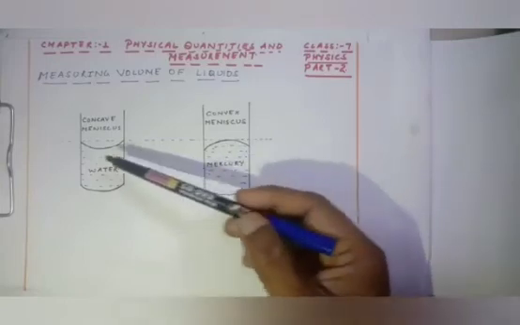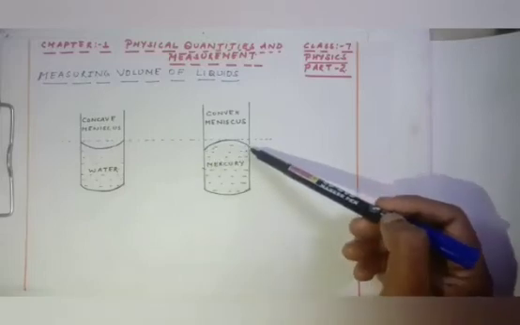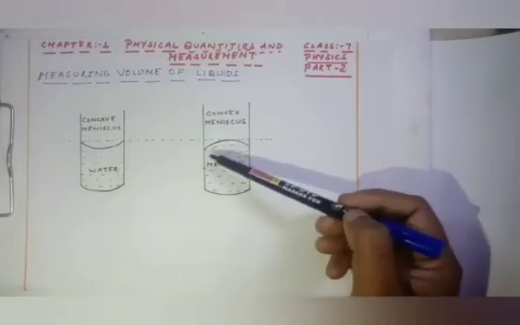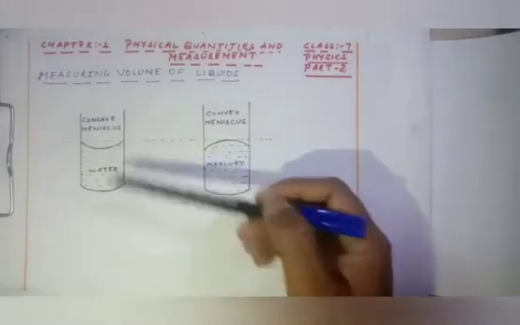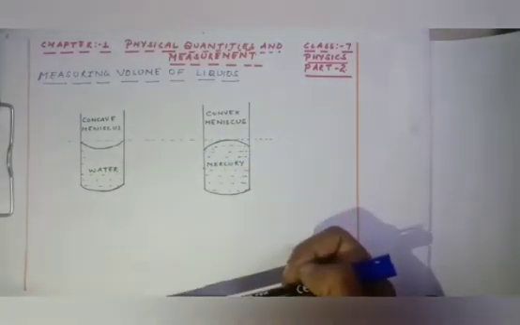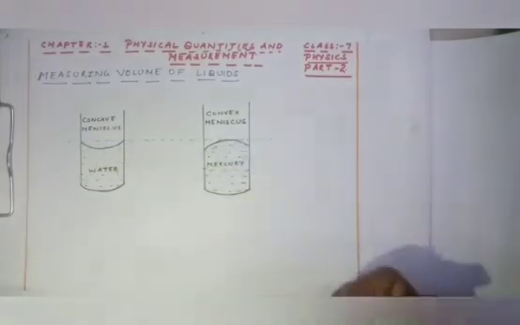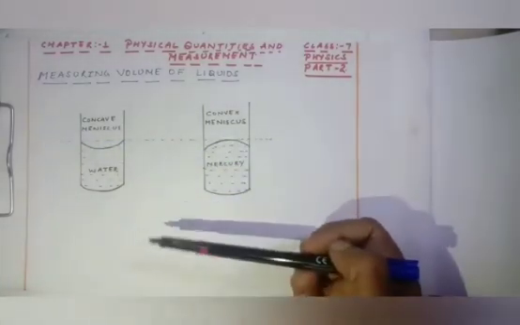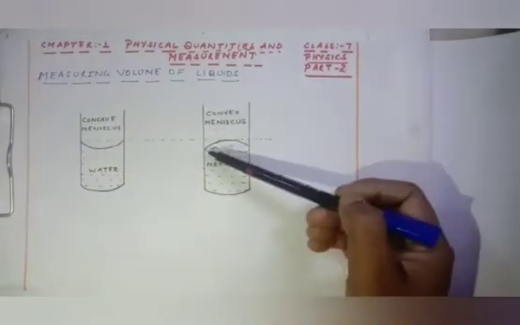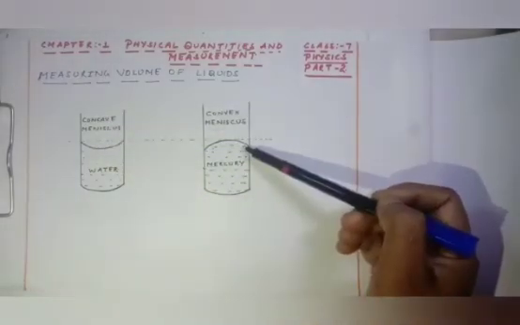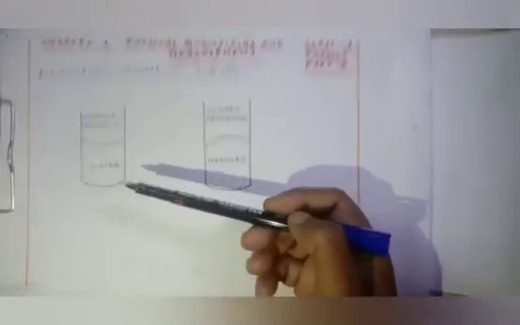Now you can see the layer that is being formed in both the containers, that is called meniscus. But you can notice that both have a different shape. Why is it so? Because one is a concave meniscus and the other is a convex meniscus. I hope it is clear to everyone.